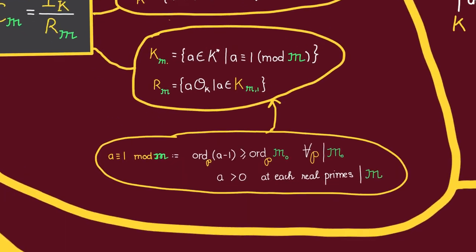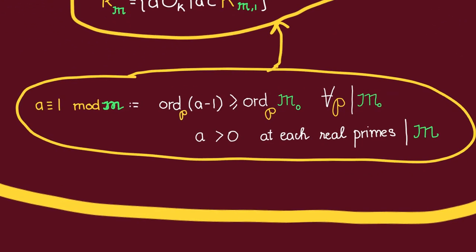Note that here, by congruent to 1 mod M, we mean, first of all, that the order of vanishing of a minus 1 at every prime P dividing the finite part of M is greater than or equal to the order of vanishing of M_0 at P. And then at all the infinite primes, a is going to be greater than 0.